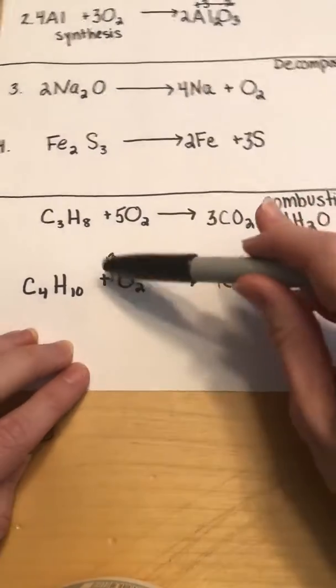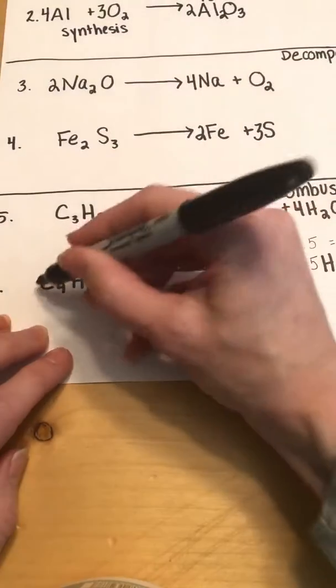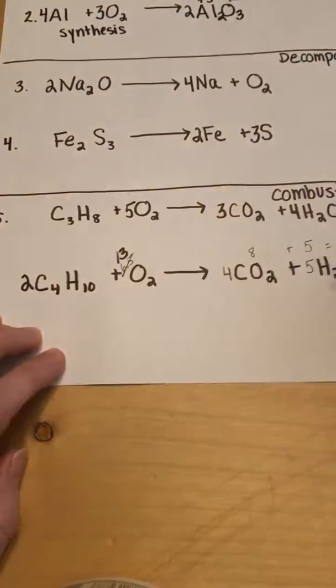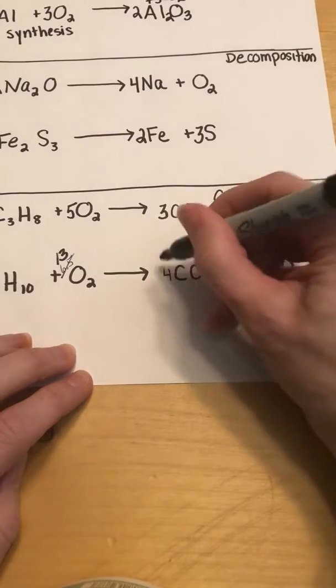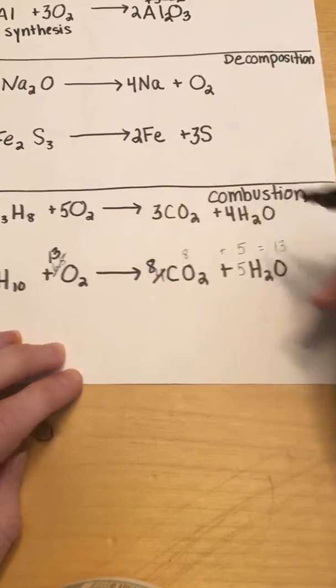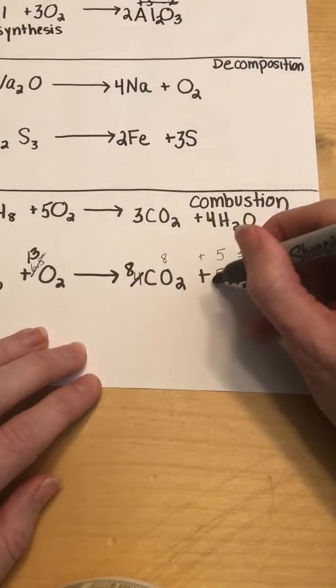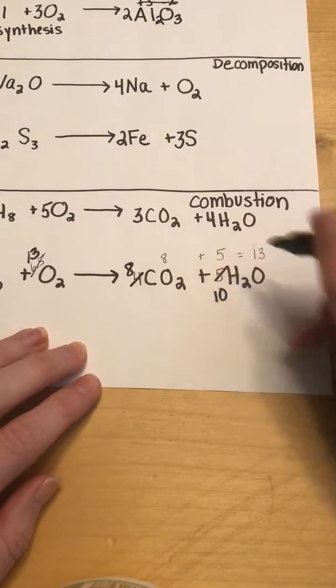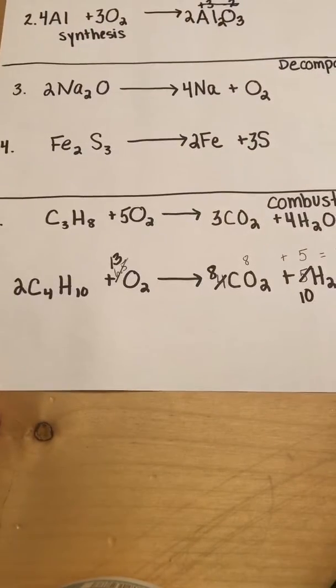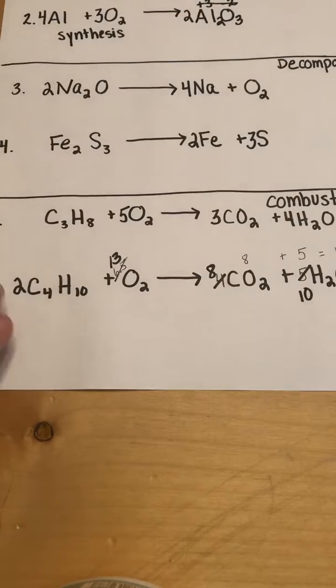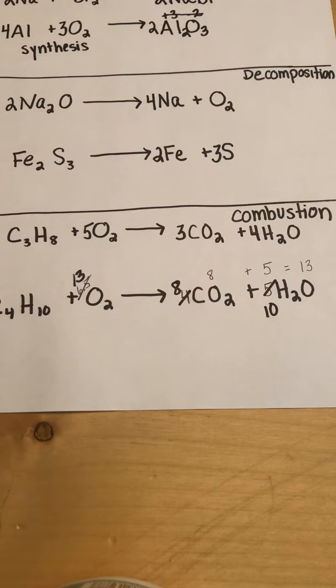But then what you do to one, you have to do to all of them. So this coefficient gets multiplied by 2, this coefficient gets multiplied by 2, and then this coefficient gets multiplied by 2. Okay, and that's just, like I said, a little trick to help you with combustion. So that is predicting products, just a few extra examples for synthesis, decomposition, and combustion reactions.